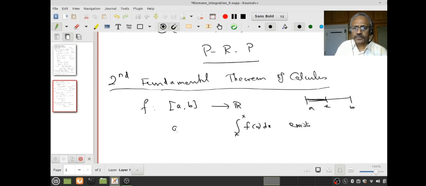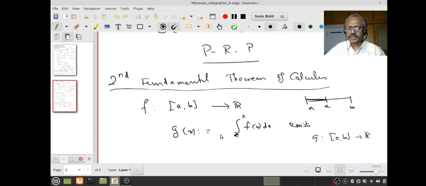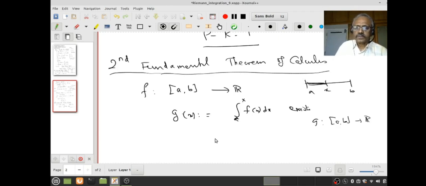Therefore I define a new function g whose value at x is g(x), that is the integral from a to x of f(x) dx. Therefore g is a function from [a, b] to R. Do you understand this? Okay, right. So are you following?